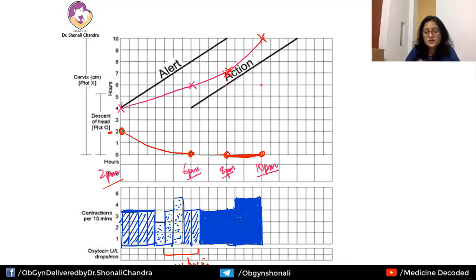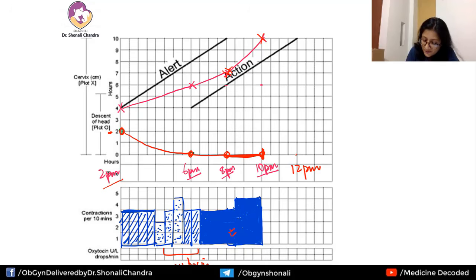So she has managed to dilate, but the descent is not progressing even with good uterine contractions. All right. So what can I do now? Can I still wait? Yes, I can still wait as long as the mother and baby are doing okay. So I decide to wait for another 2 hours and reassess her.